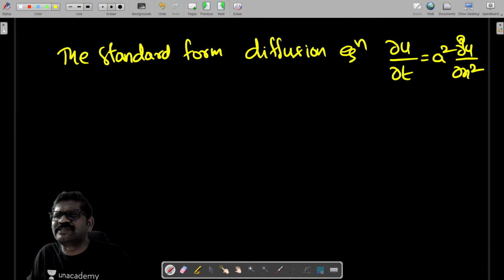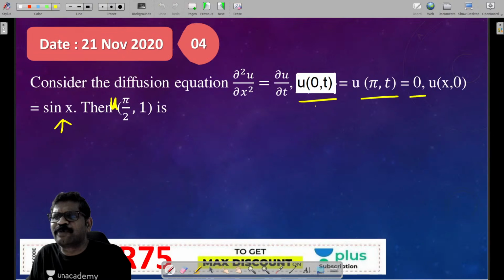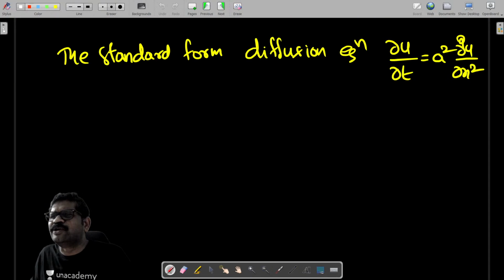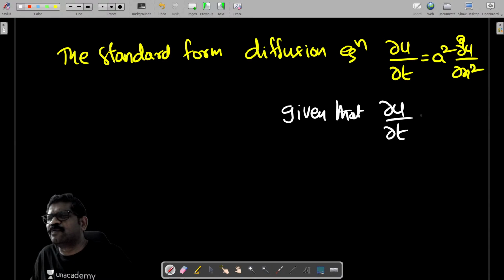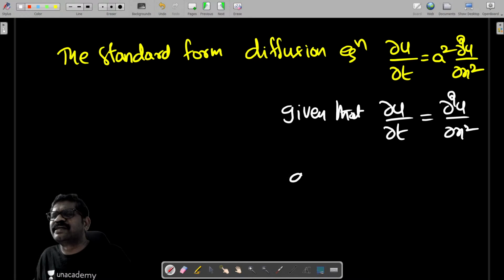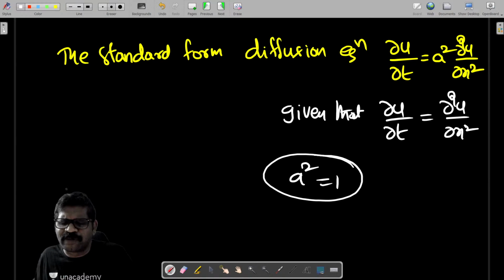In our problem, it is given that del u by del t equal to del square u by del x square. By comparison, you can understand that a square equal to 1.